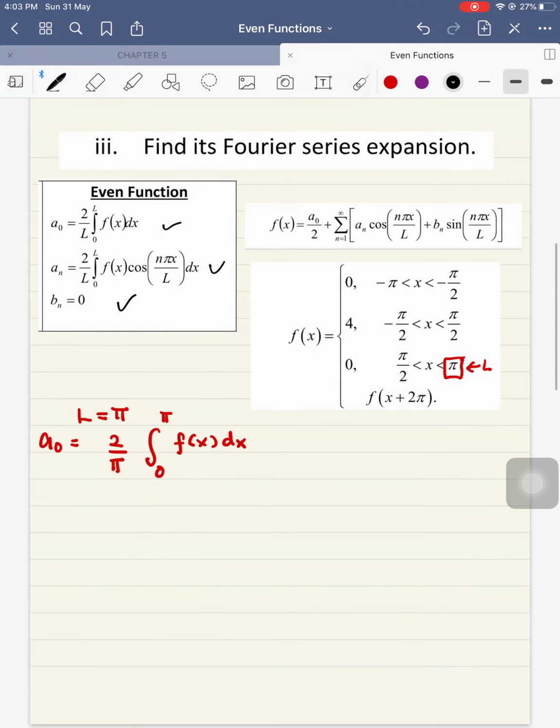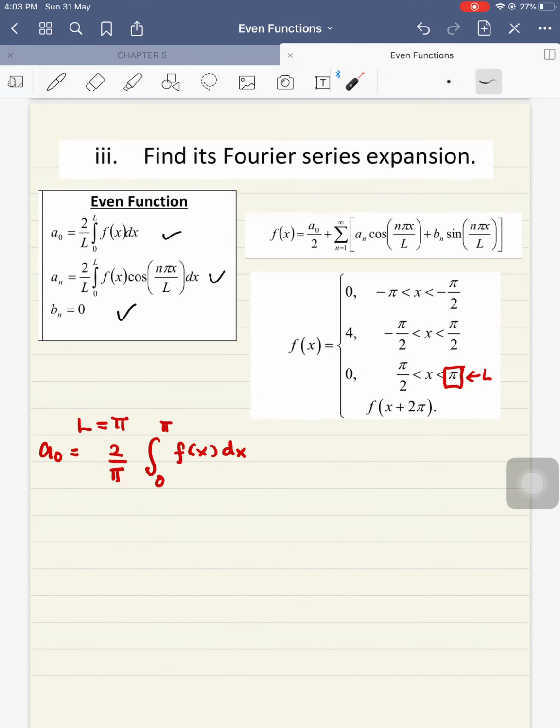Okay, so take a look at this one here, 0 until pi. So this is your pi. Now you need to find where this value 0 refers to which function, either this one or this one.